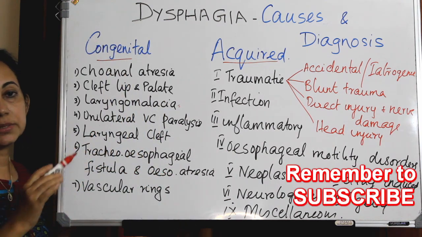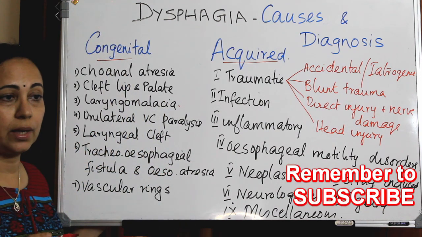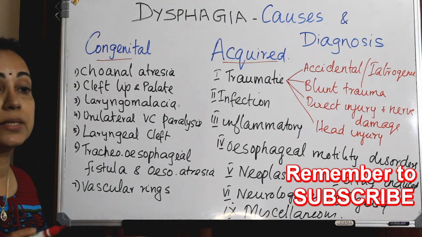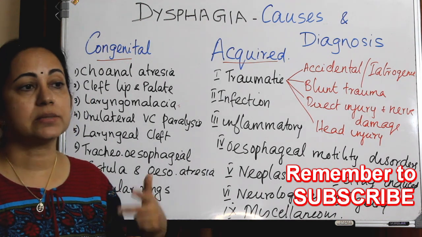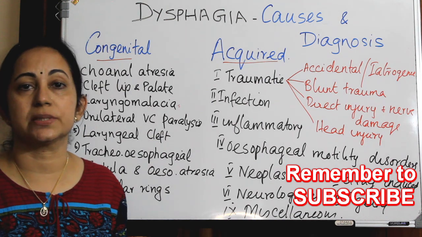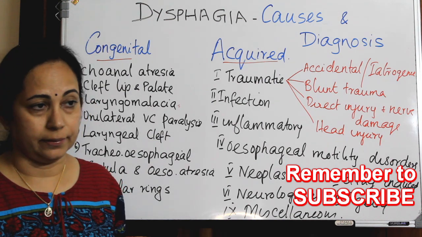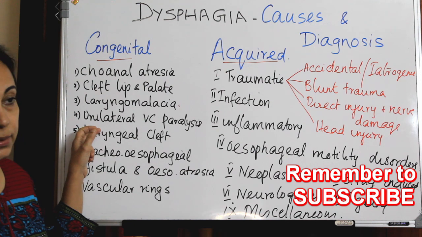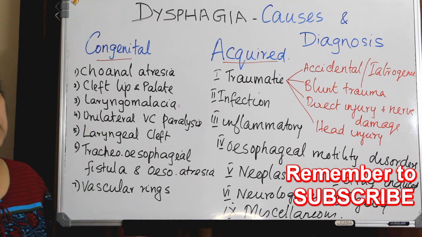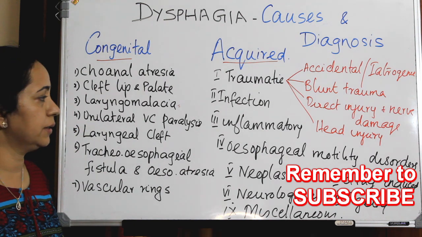Unilateral vocal cord paralysis presents with difficulty in swallowing associated with hoarseness and aspiration, whereas bilateral vocal cord paralysis usually presents with stridor. Okay, and again this can be diagnosed in OPD using a flexible nasopharyngoscope.